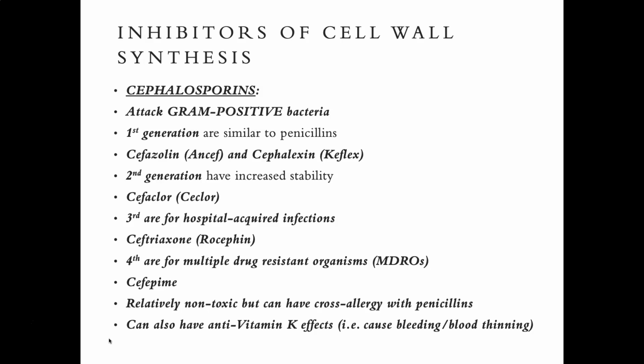Ceftriaxone is the generic name, but the brand name is Rocephin. Make sure you recognize that as a third generation cephalosporin for hospital-acquired infections, or to give in the hopes that if the patient has one, they can eliminate it, or if they don't have one, to prevent it.